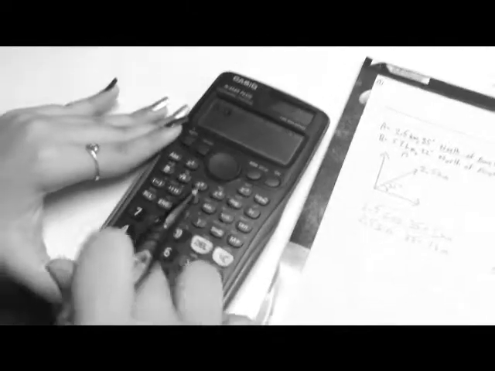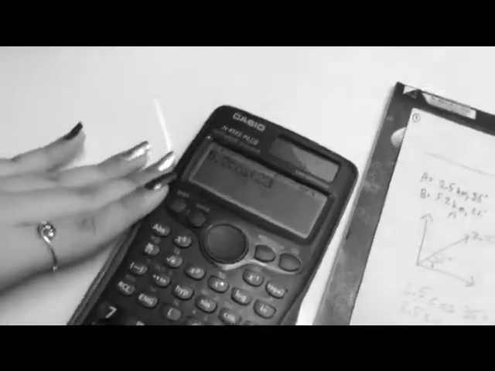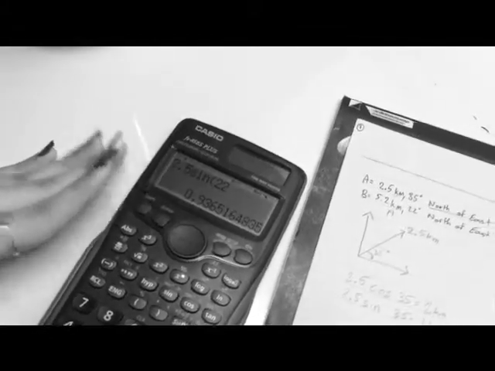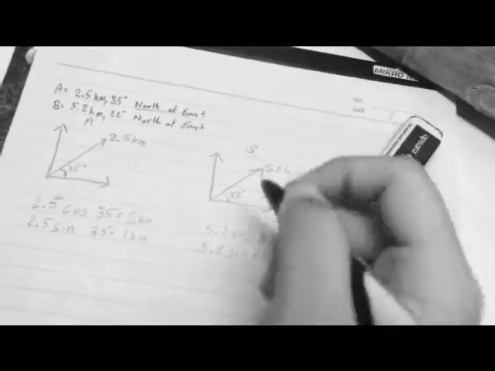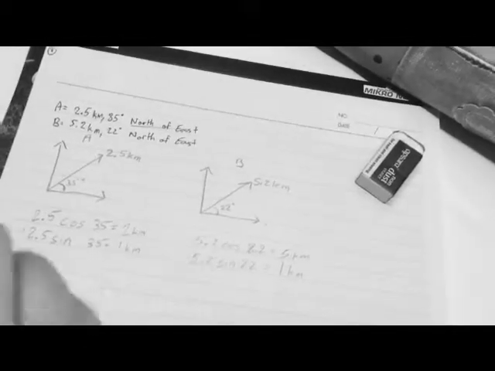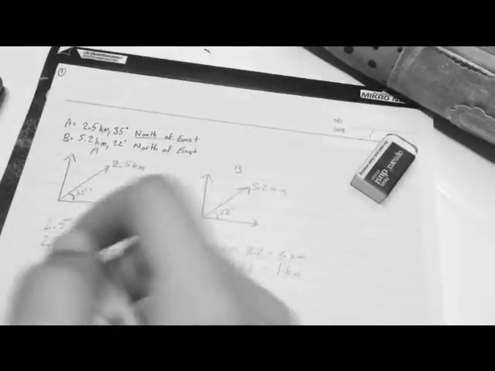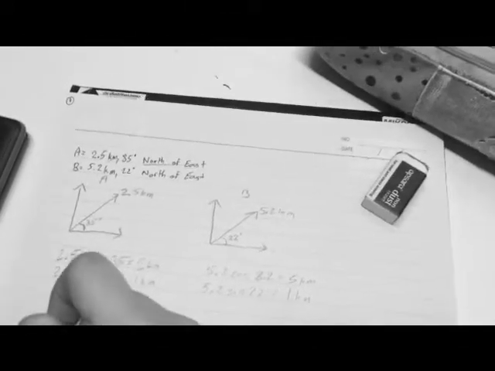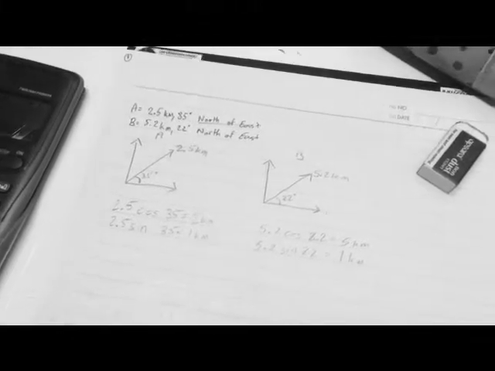Now again I do the same thing where I plug the numbers in the calculator, and I'm getting my answer. Now I have got my answer to the first part. Now the second part to this is we also have to find the resultant vector.